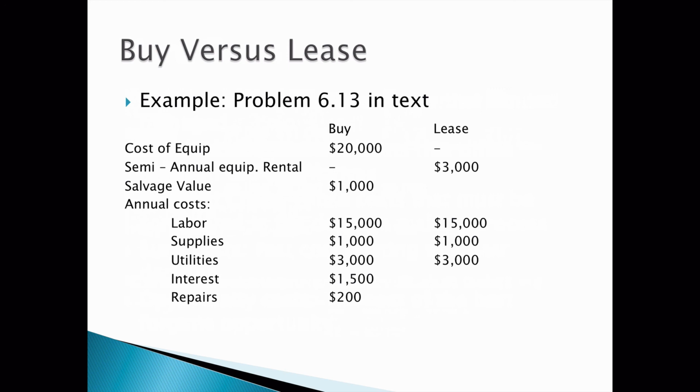And then we have salvage value. Salvage value is when we sell the piece of equipment at the end of its life and we get money back. And then we have annual costs. And those annual costs go down. And of course, we have less costs when we lease than we do when we buy, because we don't have to repair it ourselves, and we don't have to pay interest on the purchase. It's all worked into the lease price.